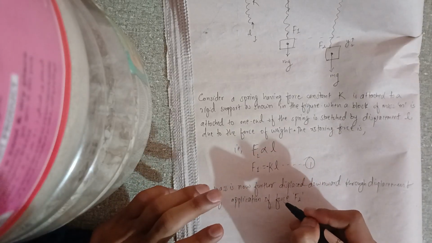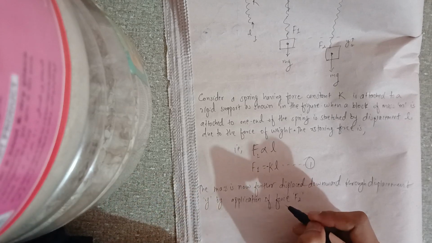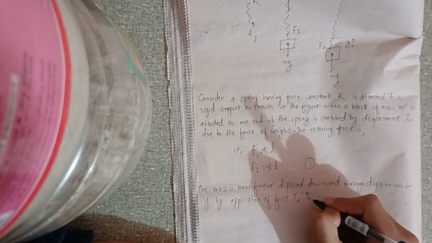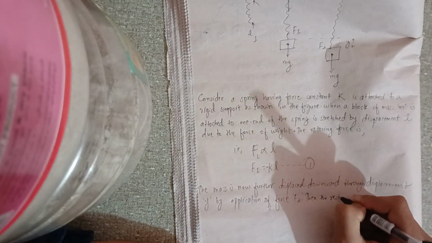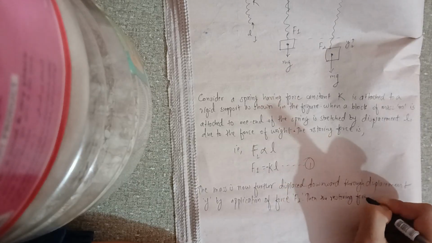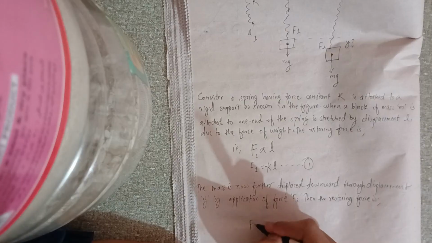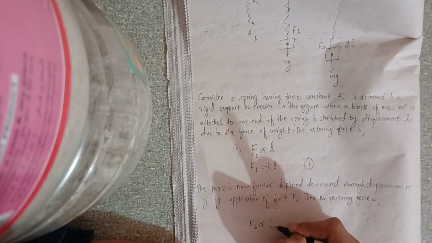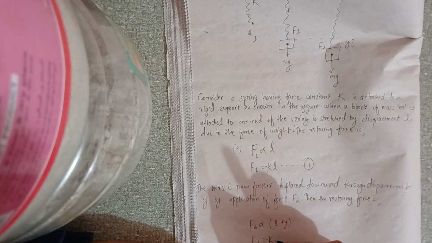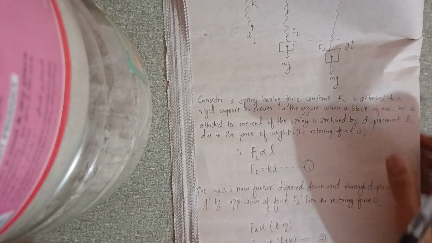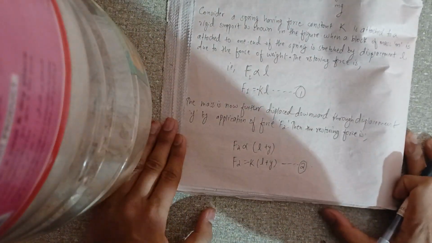F2 is applied so that the displacement y is covered by the spring. Then the restoring force now is the sum of both L and y. So F2 will be directly proportional to L plus y. That is, F2 will be equal to minus K times L plus y. This will be equation 2.